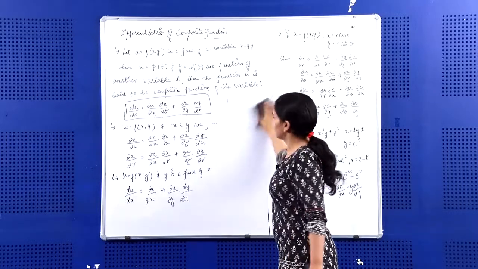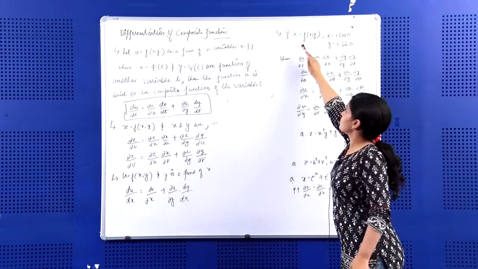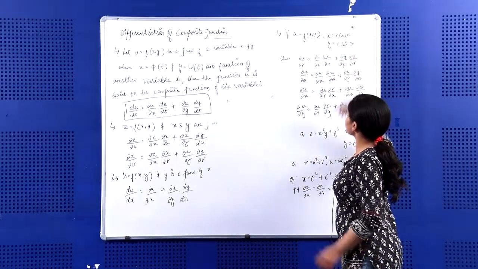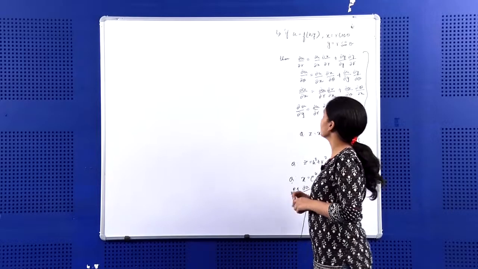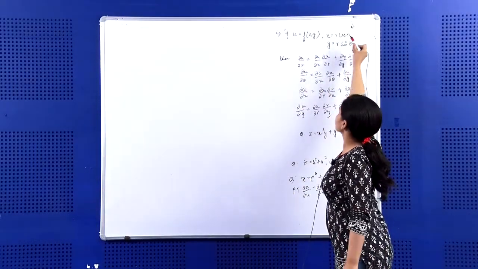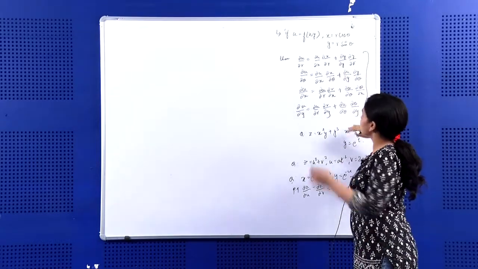Then the last case: here u is depending on x, y, x is r cos theta, y is r sin theta. Here we can have these 4 cases. In the last case, we have u equal to f of x, y, where x is r cos theta, y is r sin theta, and we are having these 4 formulas here.